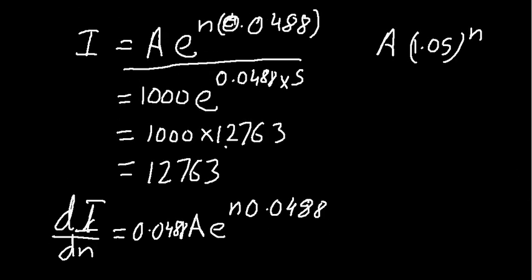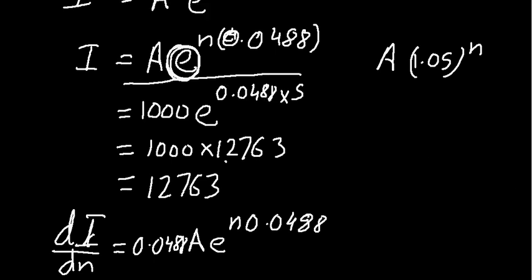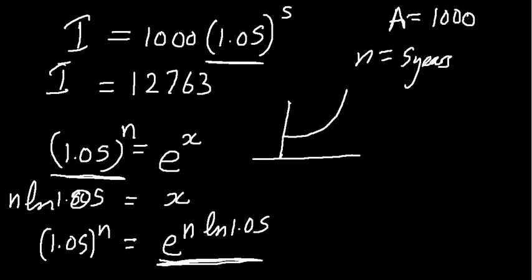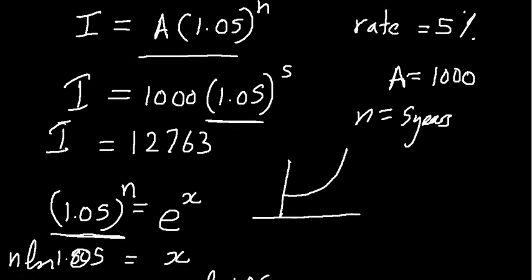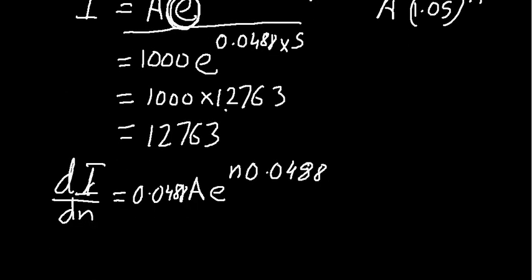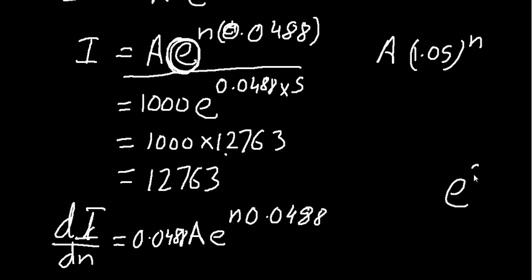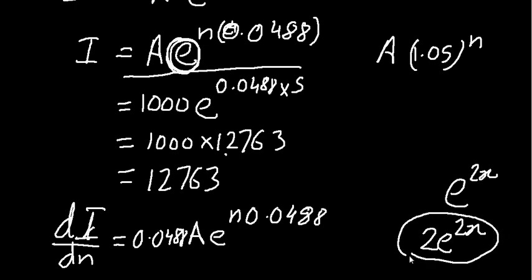That's why you treat this e specially, because it has this amazing property that when you differentiate e to the power of x, you still get e to the power of x. And if you differentiate something like e to the power of 2x, you'll get 2e to the power of 2x, which makes it very easy to find the rate of change of something.